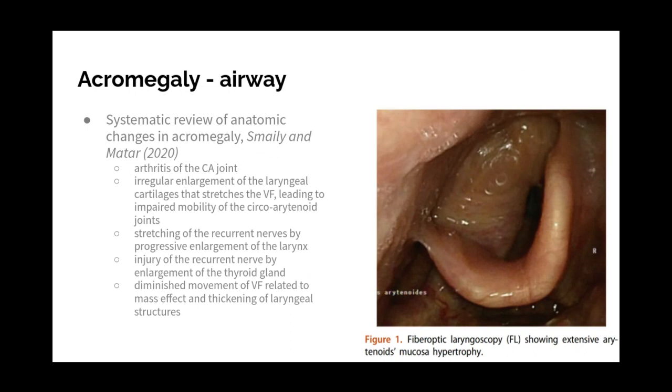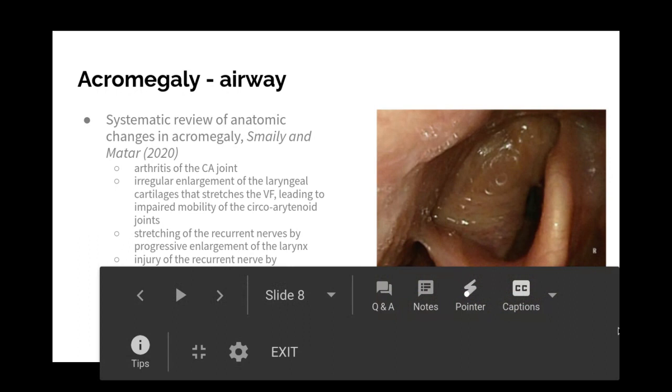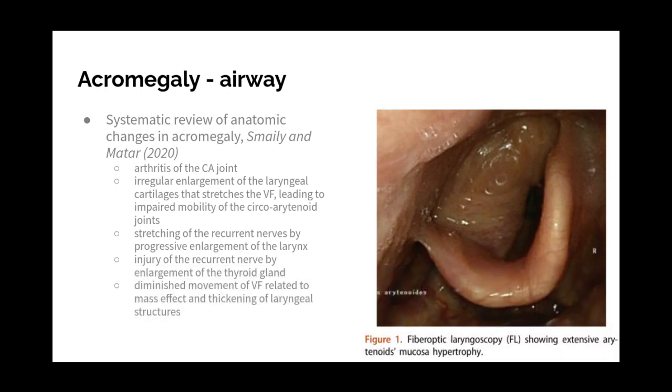And so there was a large systematic review done just last year in 2020. And this was actually an ENT paper that looked at the anatomic changes that occurred with acromegaly, specifically within the airway. And as you see here on your right, the picture is a fiber optic laryngoscopy image showing the extensive amount of tissue overgrowth that has occurred within the glottic opening.